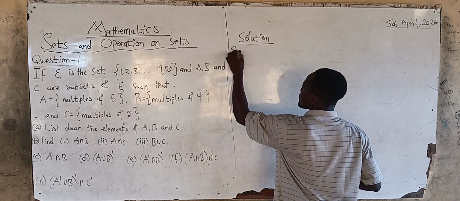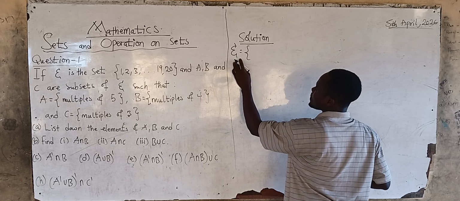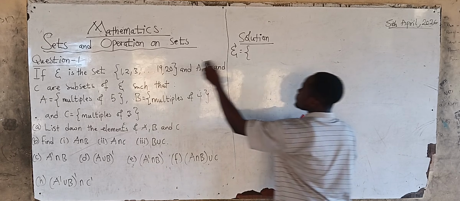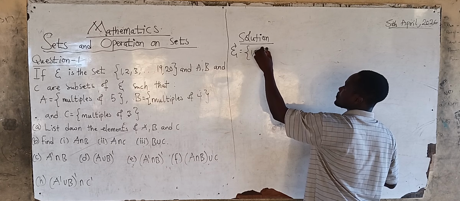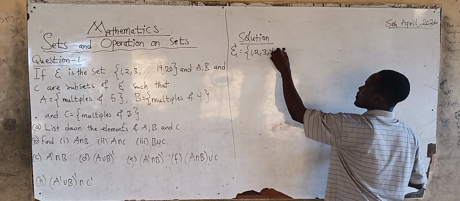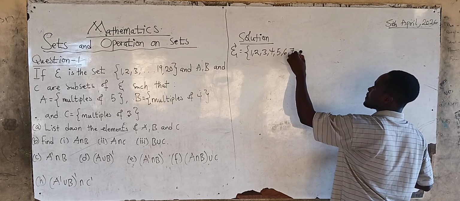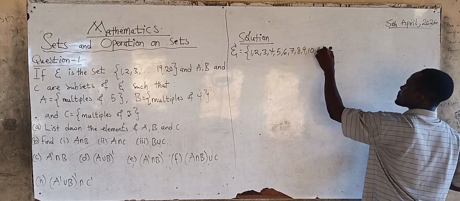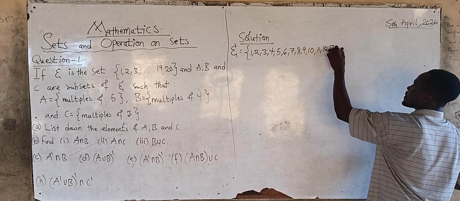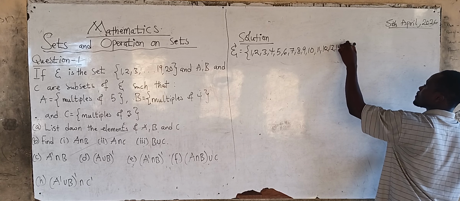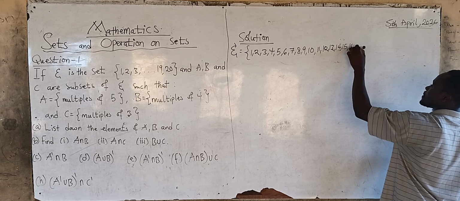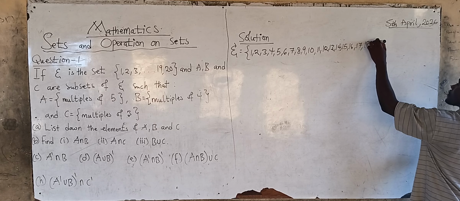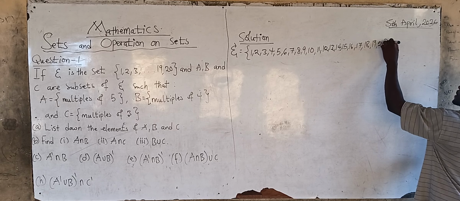As I was saying, we need to list down the mother set, which is E, and the elements of the mother set include 1 through to 20. So I have 1, 2, 3, 4, 5, 6, 7, 8, 9, 10, 11, 12, 13, 14, 15, 16, 17, 18, 19, 20.